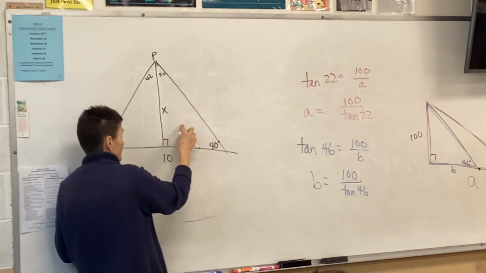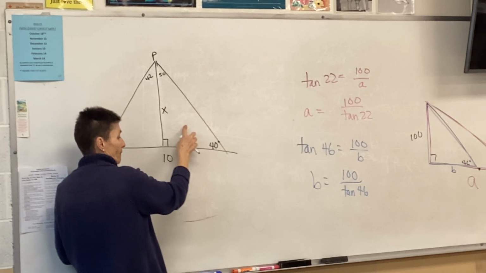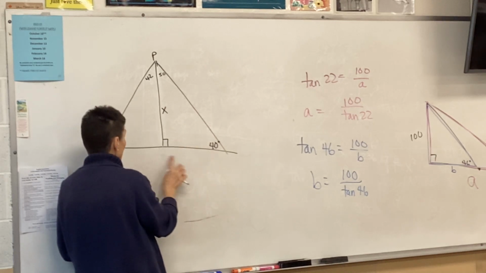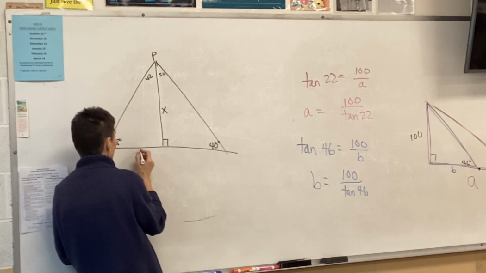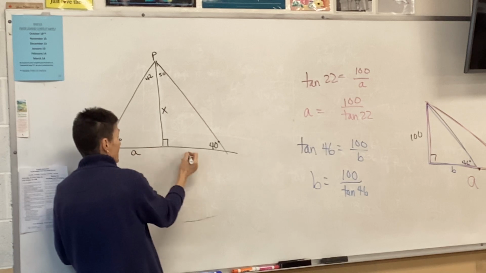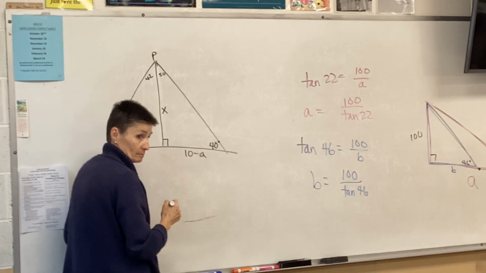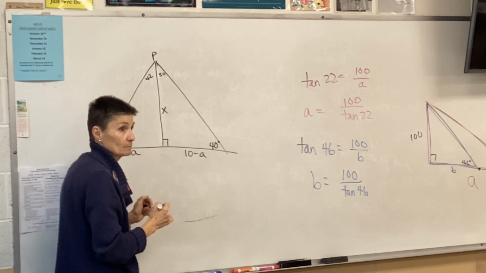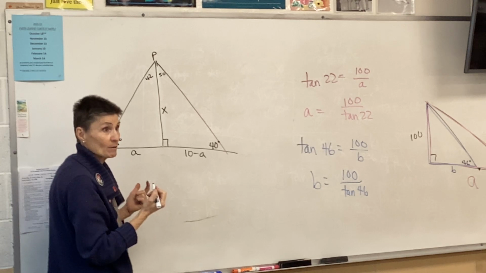So if we focus, let's just say, on this right triangle, I have no idea what these are, but I already said X, so I might call this one A, and this one would be 10 minus A. Is that okay with everybody?